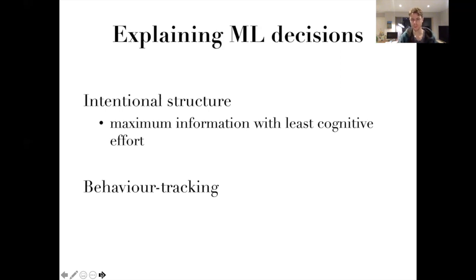So it reduces the explanandum to cognitively manageable proportions. And that's the key to truly understanding what an agent is doing and understanding why an action was taken. It makes the explanation interpretable. It allows the explainer to level with the explainee as a fellow agent.